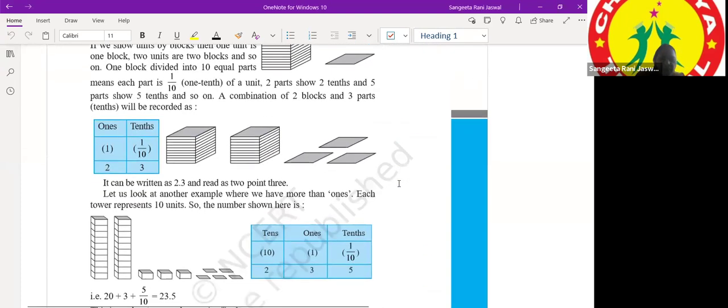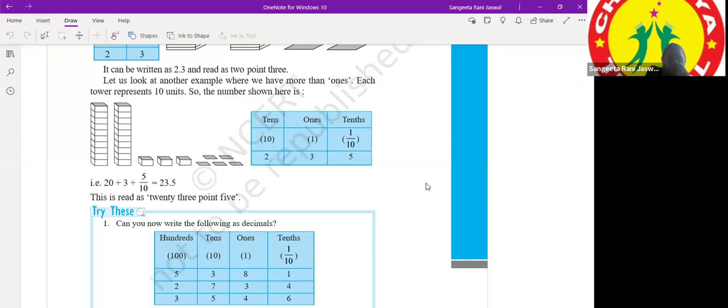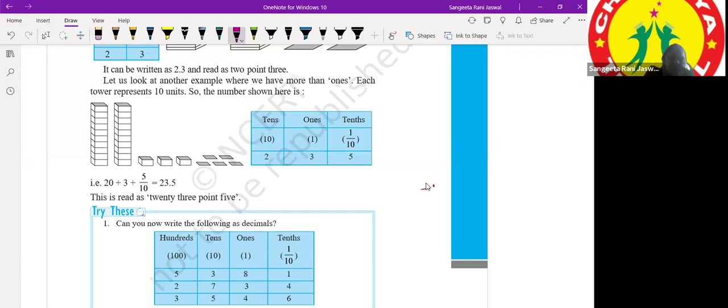So everyone knows the place values on the right hand side. See here. When you have a decimal point, there are numbers towards the left side and numbers towards the right side, right? On the left side you have numbers as usual: ones, tens, hundreds, thousands, 10,000, and so on. And on this side you don't have the ones place, okay?